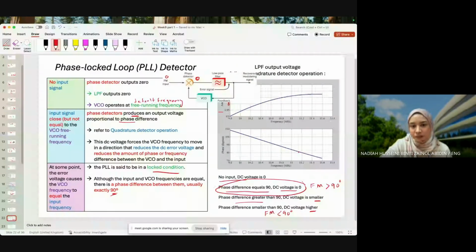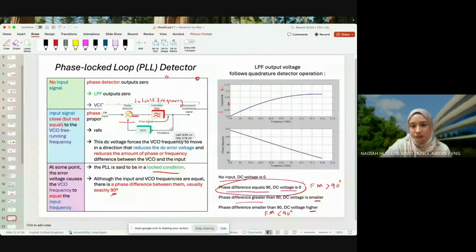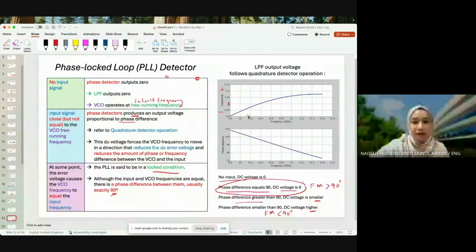Okay, so trying to relate back to the quadrature detector. Previously we showed that at the carrier frequency, the amplitude was 1. And then I told you if the frequency increases, you would get a high voltage.